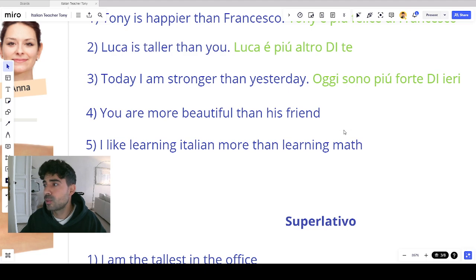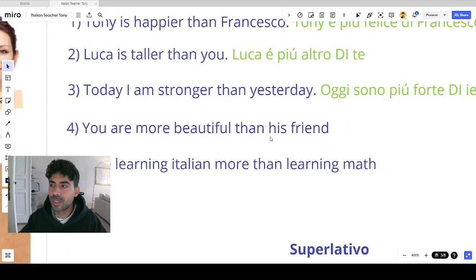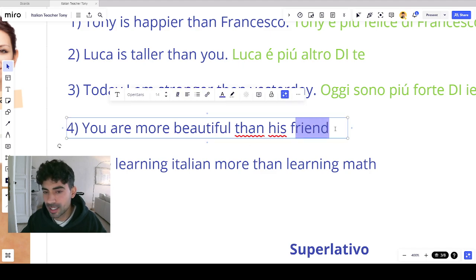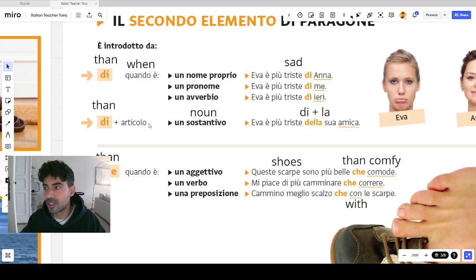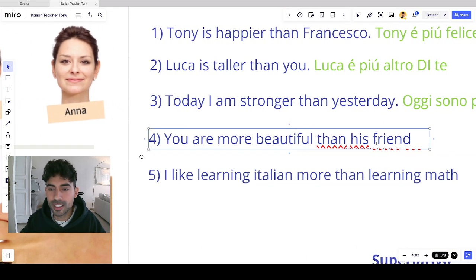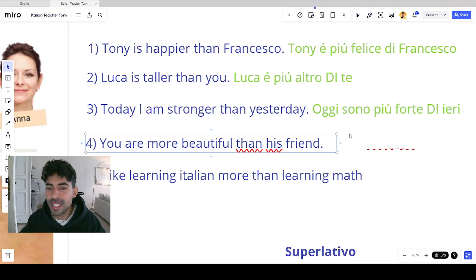Let's have a look at the last two examples. "You are more beautiful than his friend." Now, we are comparing you with his friend. Friend is a generic noun. Therefore, we will have to use di plus article. The article we choose is the same article that fits with friend, which in Italian is amico.